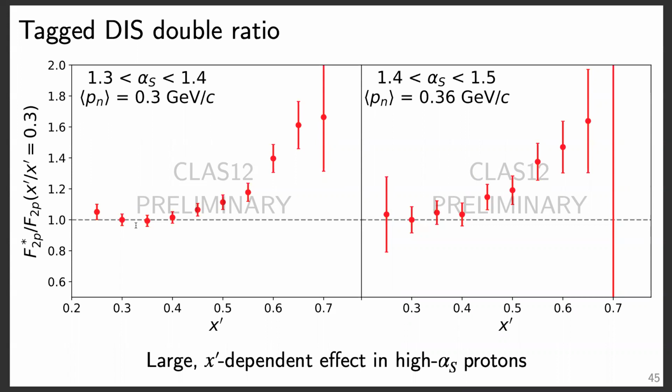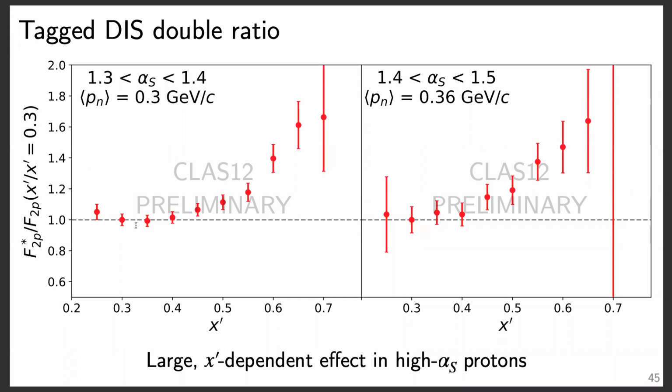Let's say at alpha S equals 1.3, we expect the nucleon has a high momentum, and we expect a very strong EMC effect. Then you take the bound nucleon over the free nucleon, shouldn't that be suppressed instead of going up? That is what my naive expectation would be.